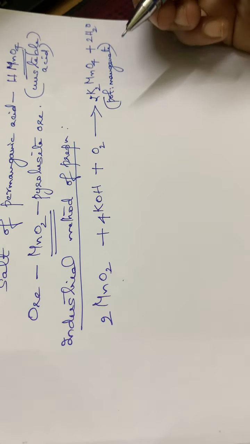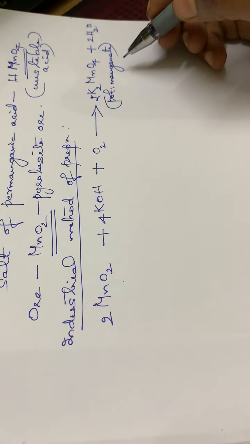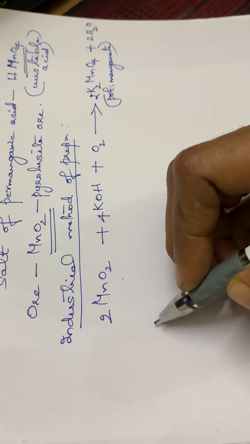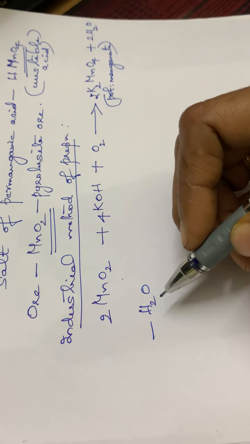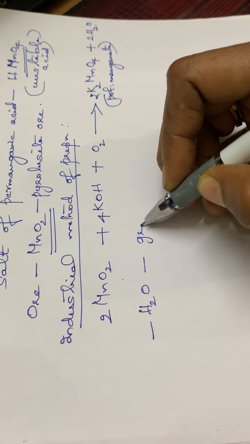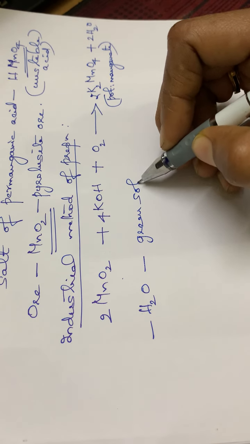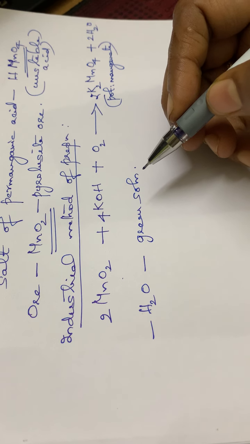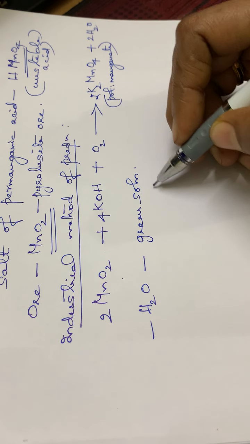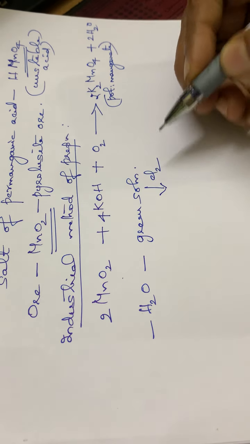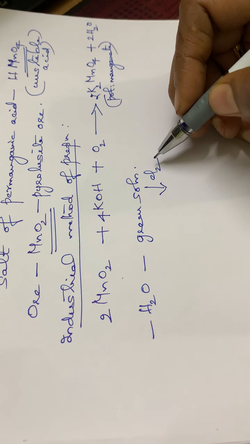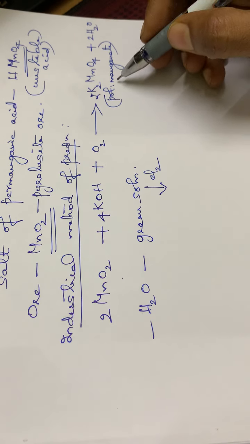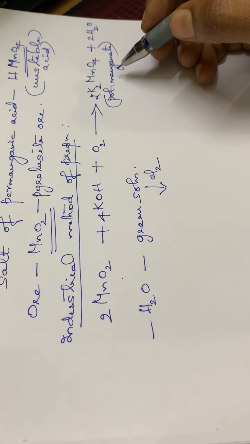Potassium manganate is then treated with water, and we get a green solution of potassium manganate. We pass chlorine through this green solution, because the potassium manganate has to be oxidized to potassium permanganate.